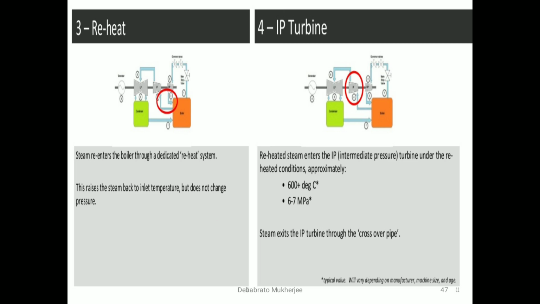Reheat: that steam re-enters the boiler and is reheated, and in the intermediate pressure turbine the temperature should be 600 degrees Celsius or more, and the pressure should be more than 67 MPa.